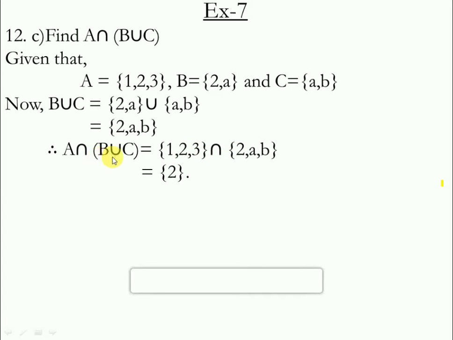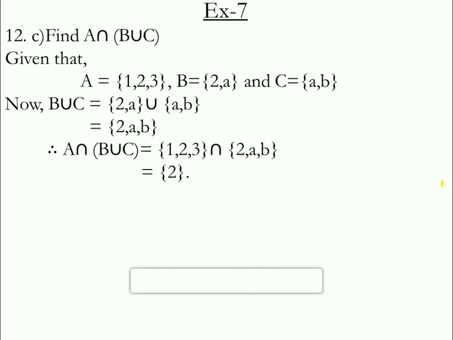B union C is treated as one set and A is one set, so there is the element 2 in set A and also in B union C. So we have written that element as the common element, and that is the answer of A intersection B union C. So that completes 12C.